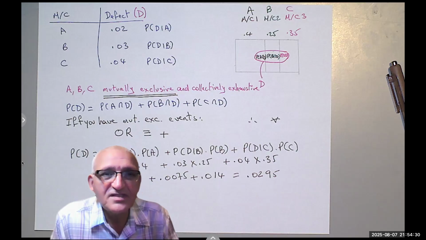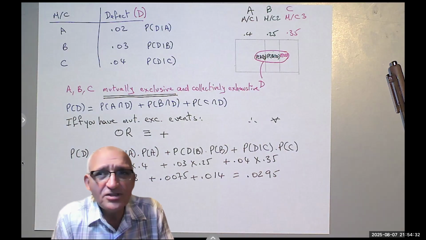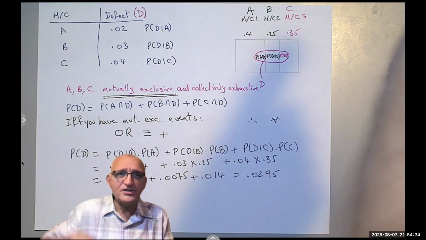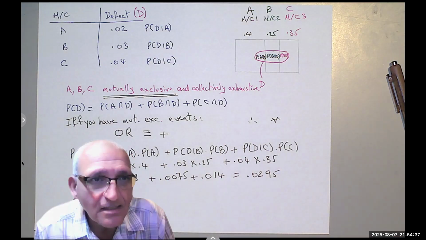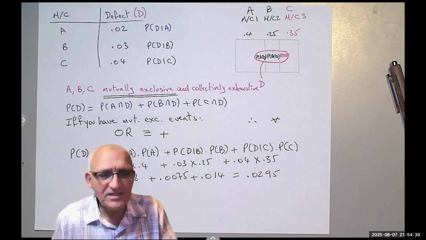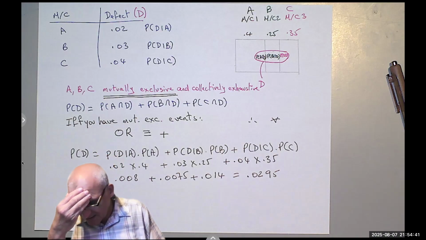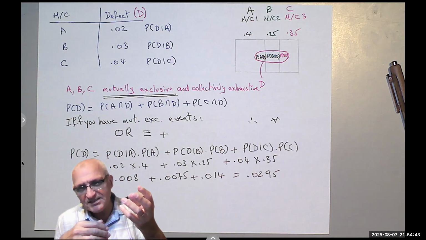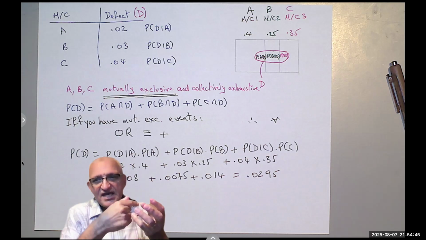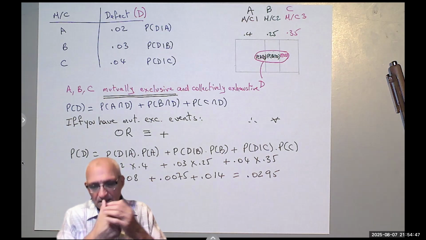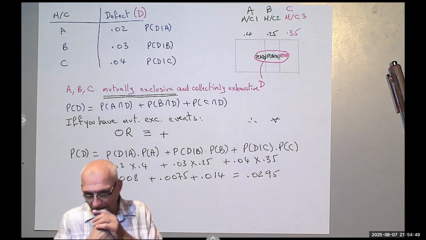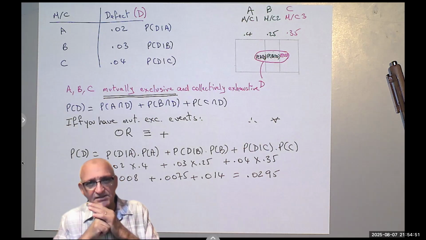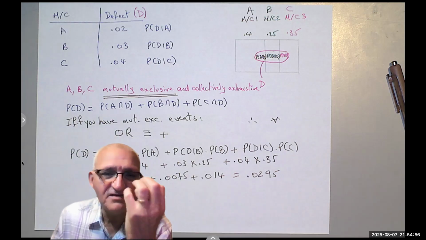And someone would say, what is the likelihood it came from John, the operator of machine one, machine A? Wait a second. What? What is the probability that it comes from machine A? Hmm. How do I know that? Meaning you already know it's defective.